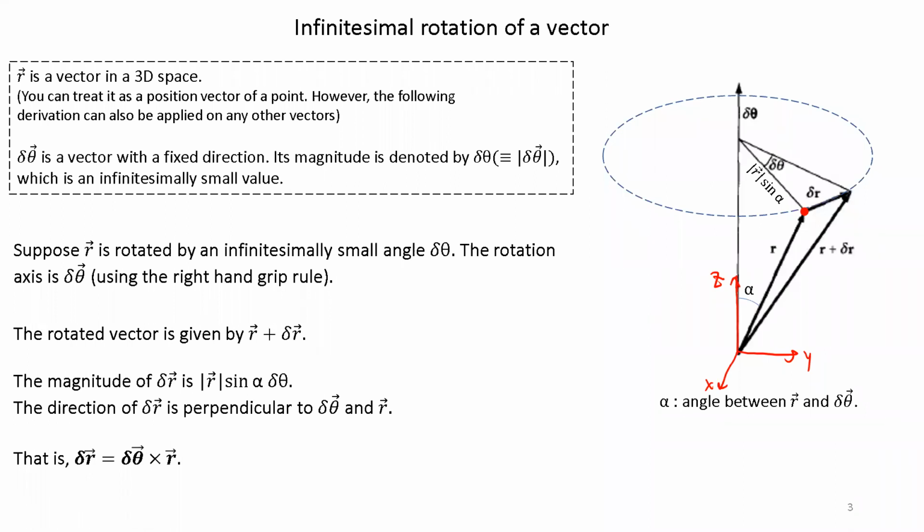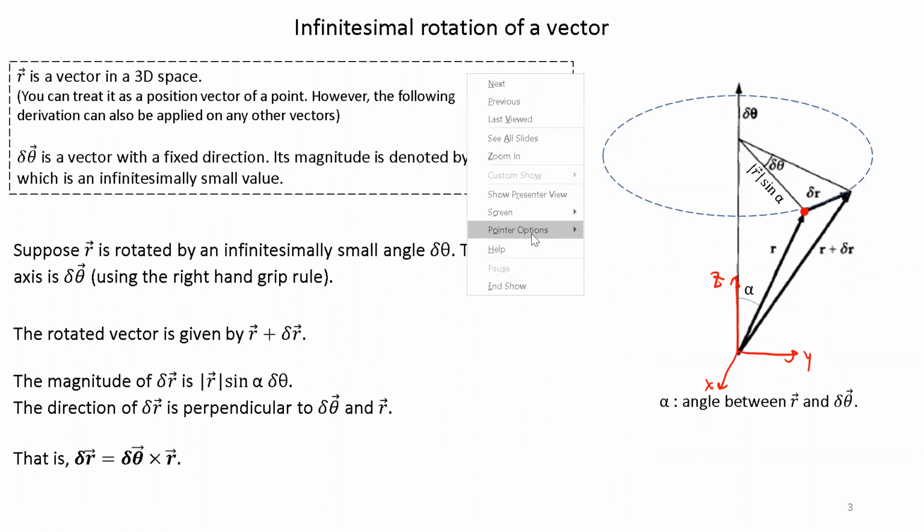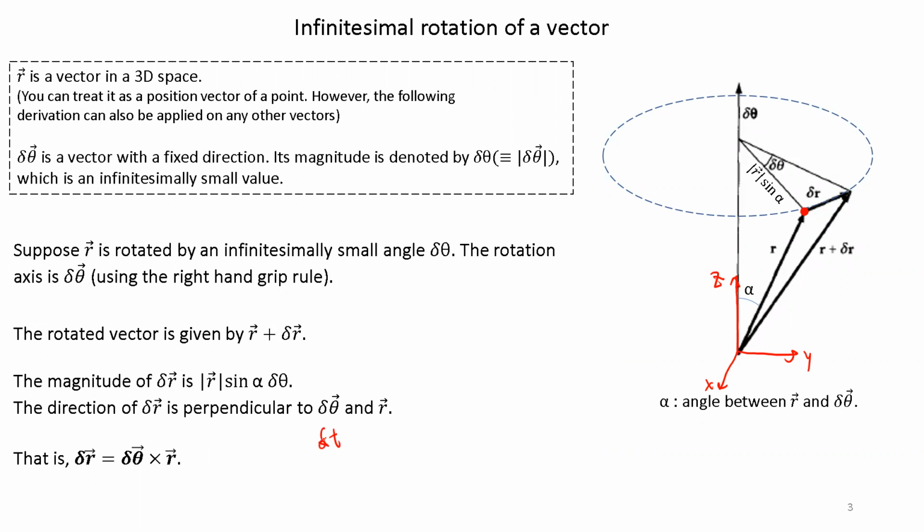So now, as I said, this displacement happens within some time delta t. So if I want to find delta r over delta t, all I need to do is divide both sides by delta t, like this.